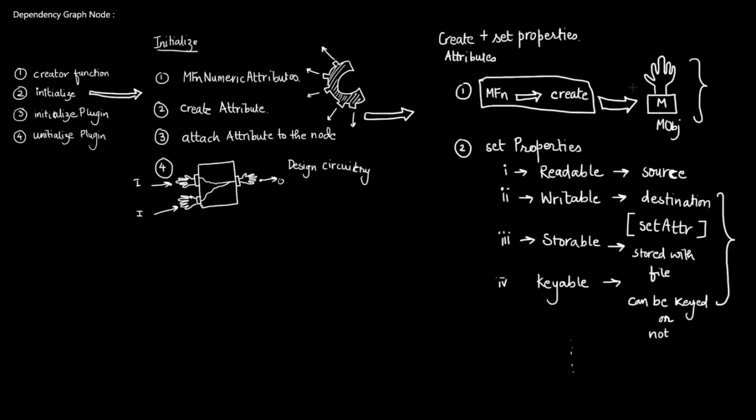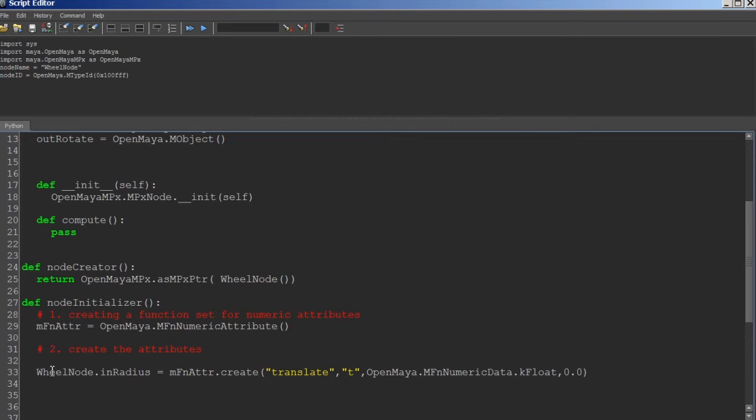Now we would go to step 2, setting the properties. And the way we would set the properties is MFnAttr dot set readable. We are not using wheel node dot in radius dot set readable. We are using MFnAttribute or MFnAttr dot set readable.